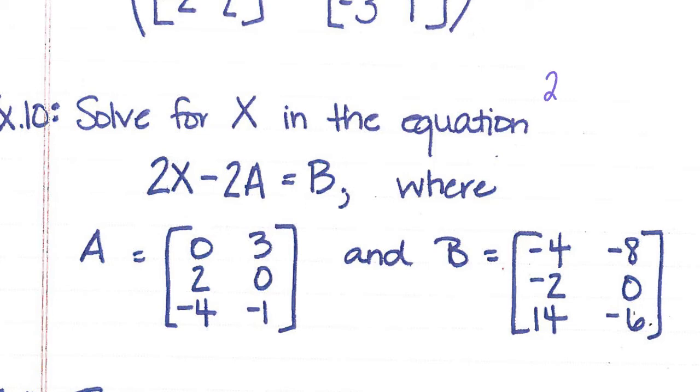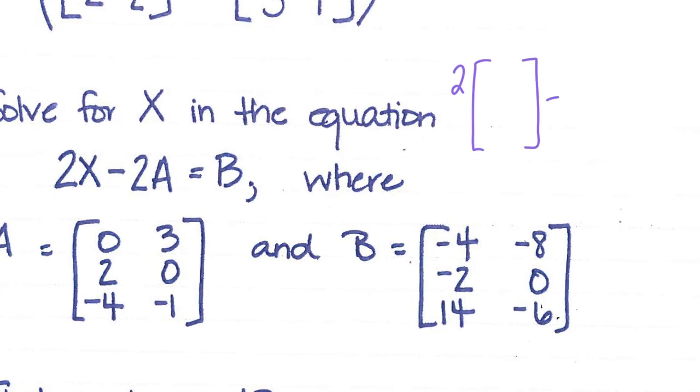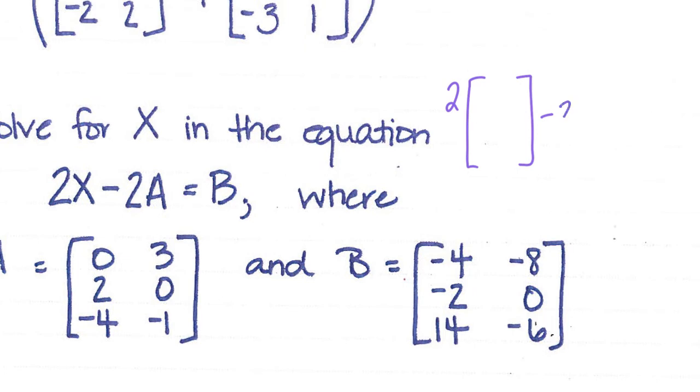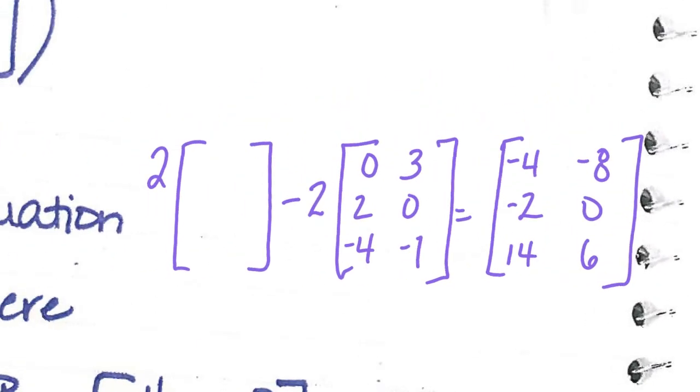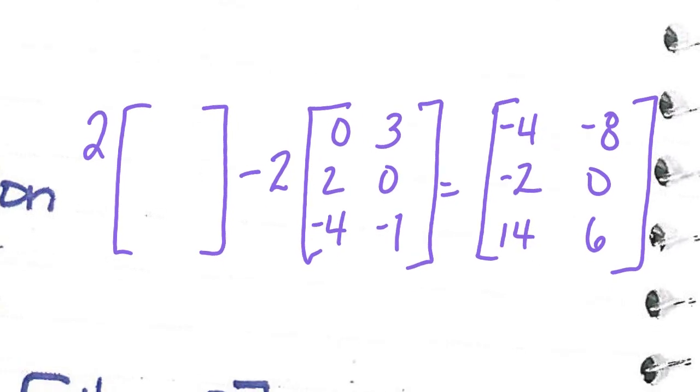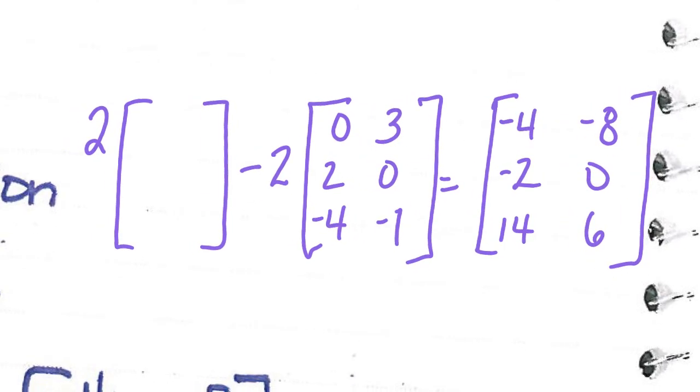So I'm taking 2 times what minus 2 times A, 0, 3, 2, 0, negative 4, negative 1, and that is going to equal B, which is negative 4, negative 8, negative 2, 0, 14, 6. Now, you could choose to distribute this negative 2 or just do it step by step. And we're finding out what the answer is for x.